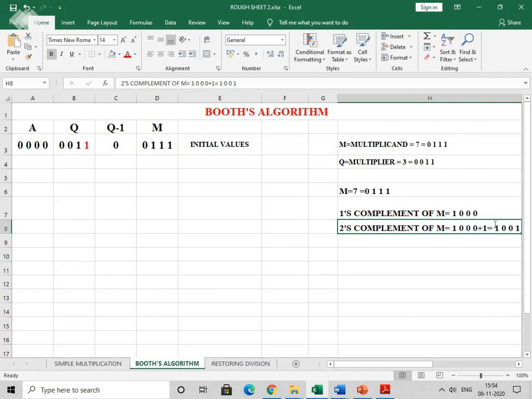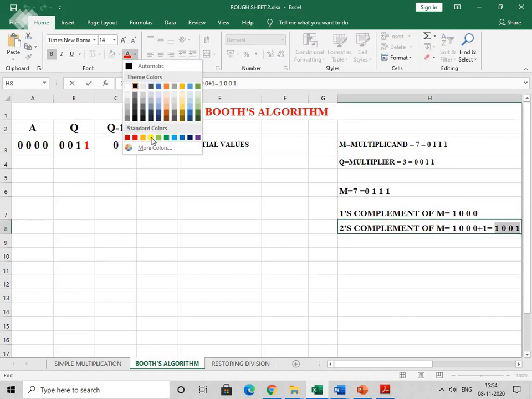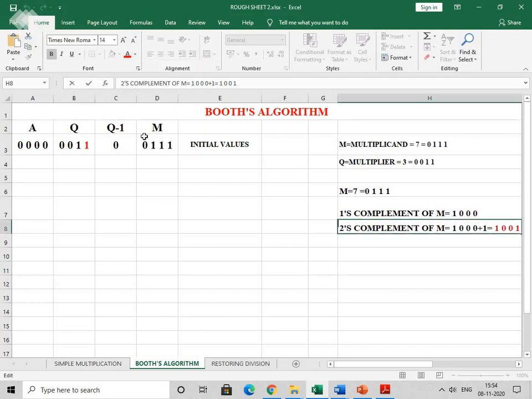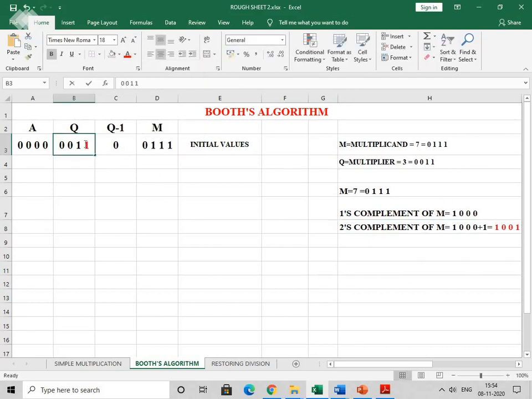Now you are going to add this 2's complement of M in A here, since the Q0 bit and Q minus 1 bit are 1 0.